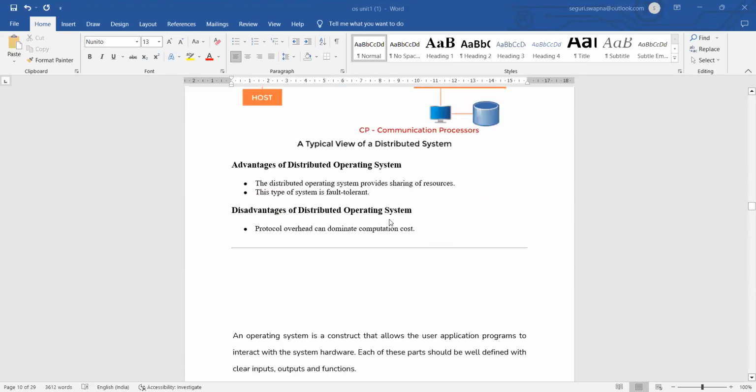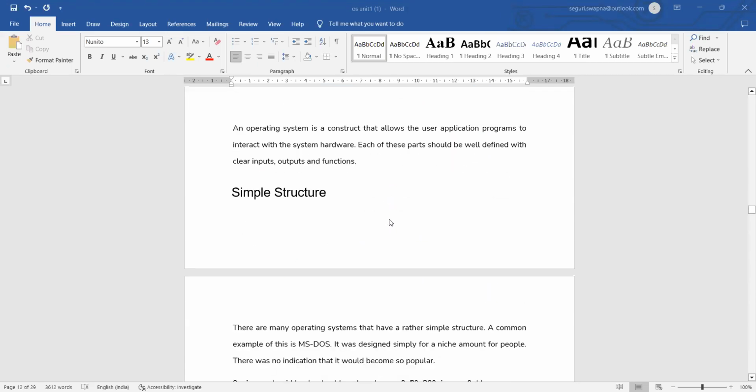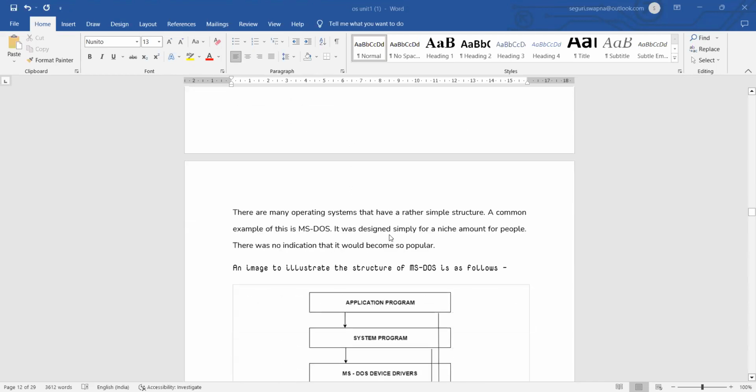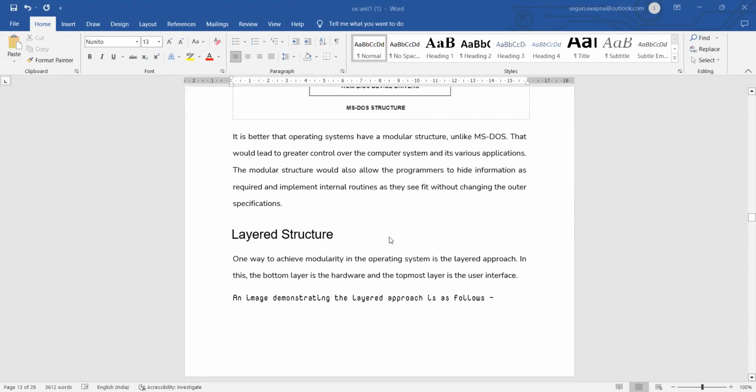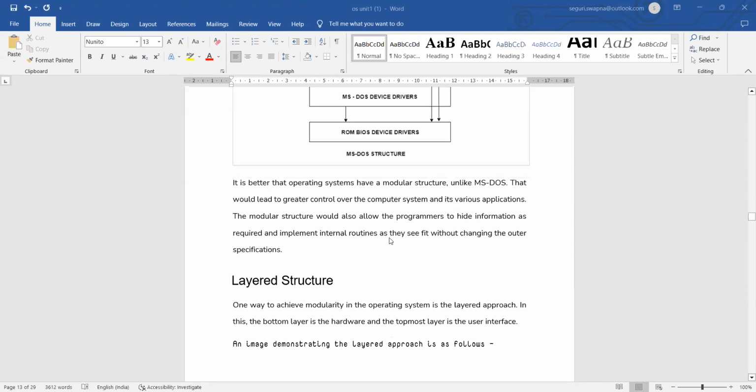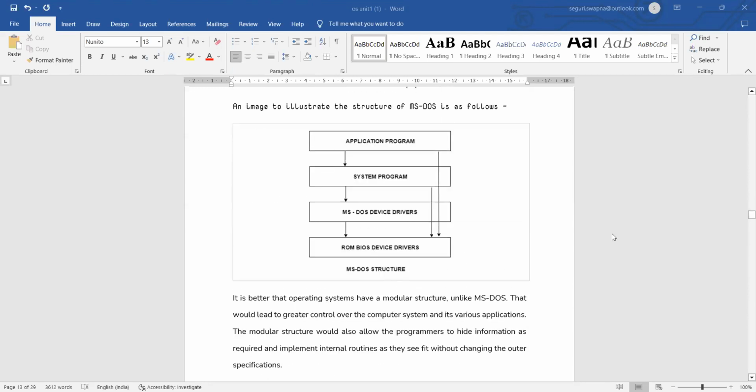Next topic is about the structure of operating system. There are many structures for operating system, but here we go along with two structures. One is a simple structure and the other one is a layered structure. In the simple structure, the operating system is divided into application programs, system programs, MS-DOS device drivers, and the ROM BIOS device drivers.